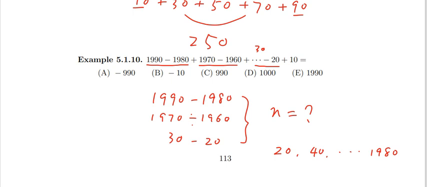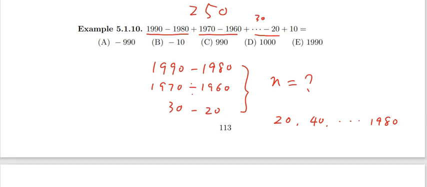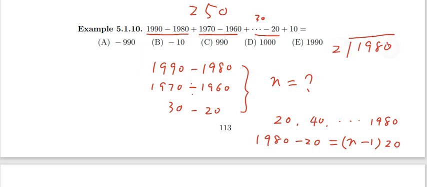So we need to find n, so this equals this minus this, equals n minus 1 times d, so d is 20. Okay, so we can cancel 20. So let's say a0 divided by 20, divided by 2, 99, right?